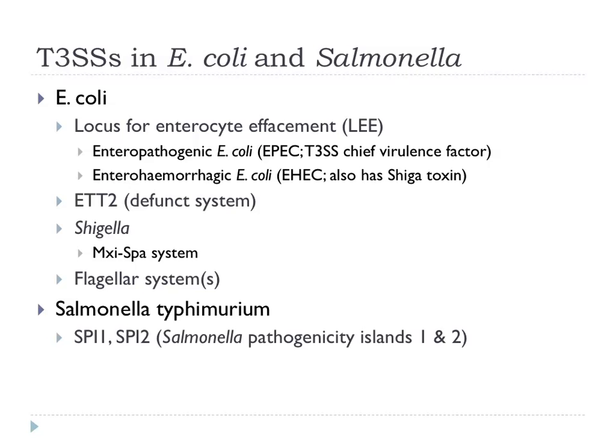Shigella, which we said in the E. coli lecture, is a kind of E. coli. This has its own particular type 3 secretion system encoded on a virulence plasmid. That system is often known as the Mxi-Spa type 3 secretion system. And then we have the flagella systems of E. coli as well, which are in effect type 3 secretion systems.